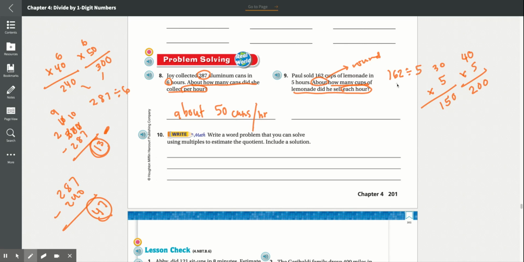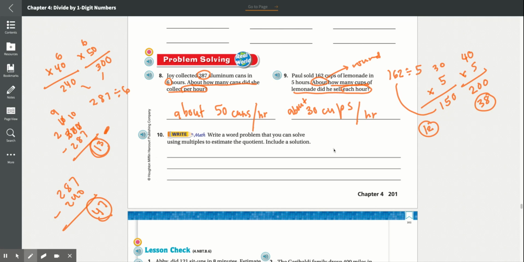So we can see that 162 and 150 are closer because there are only 12 difference, while this one has a 38 difference, right? So it would be 30 cups, about 30 cups per hour.